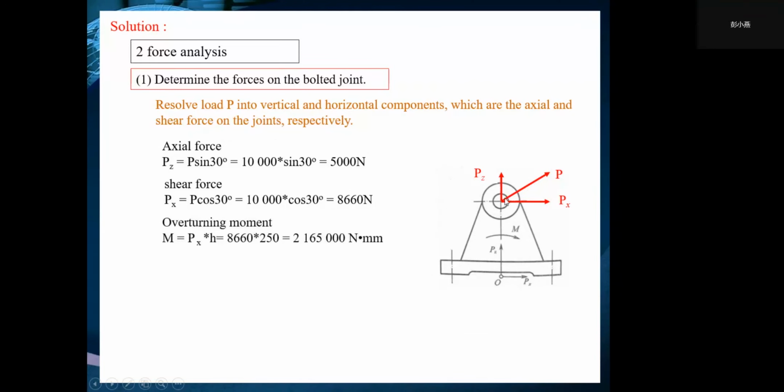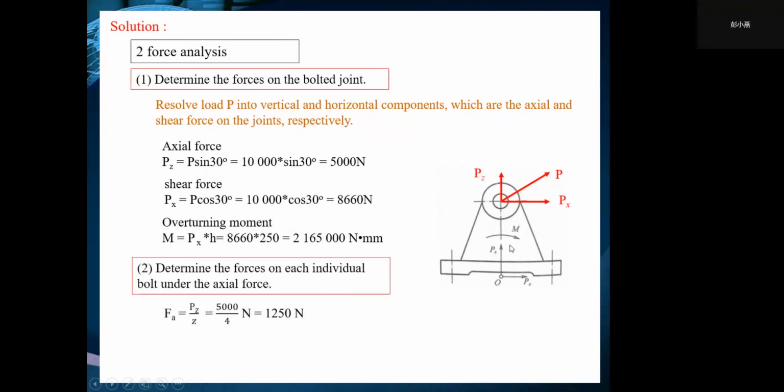And then the shear force, or the horizontal force, may cause overturning moment. And then we can calculate the overturning moment using the force times the distance between the force and the centroid.